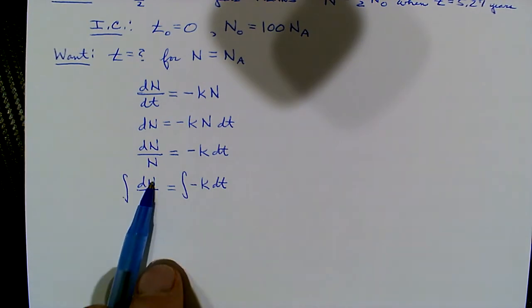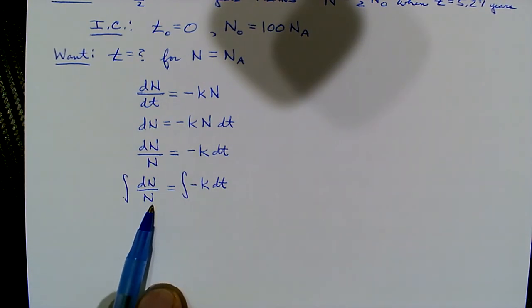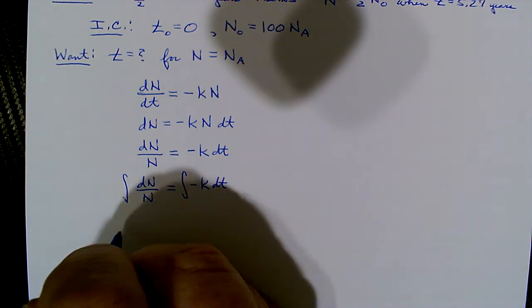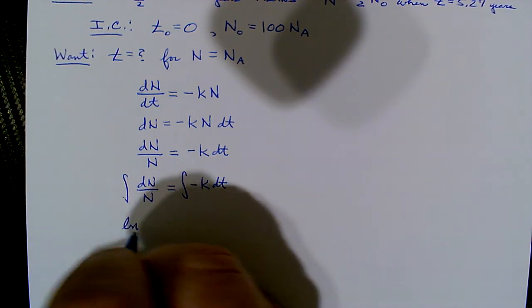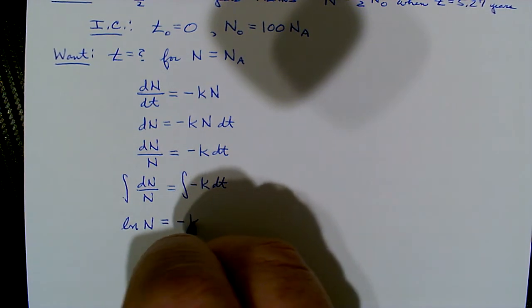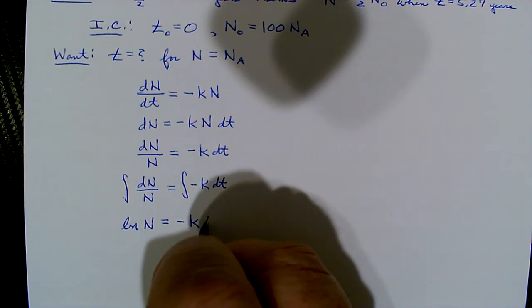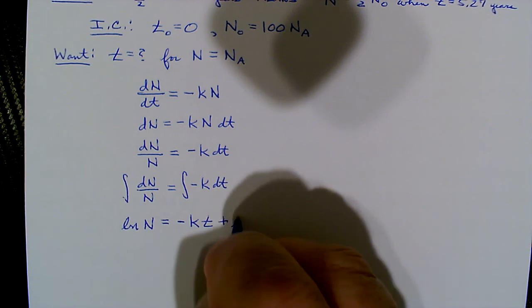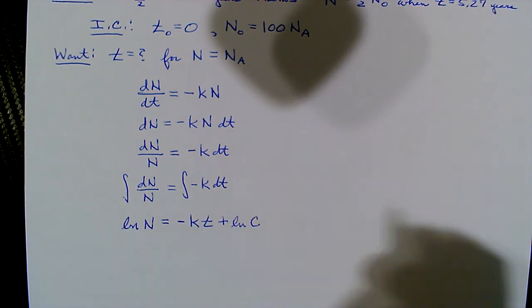We've seen this more than enough, so get used to it. You know, dA over A, dP over P, dN over N. That's the natural log. So the natural log of N is equal to integrating k, it's just a constant, with respect to t, we get negative kt. And then we say plus the natural log of C.